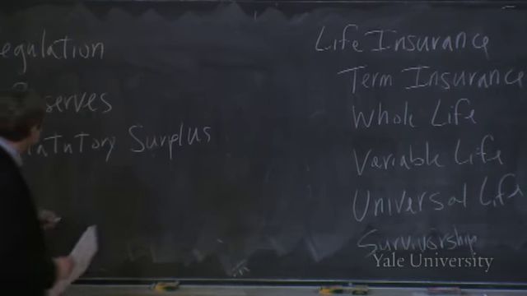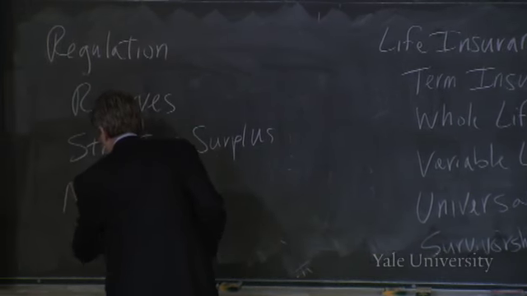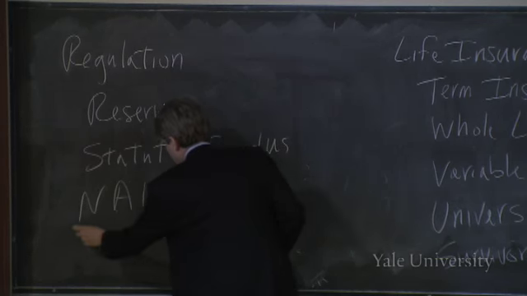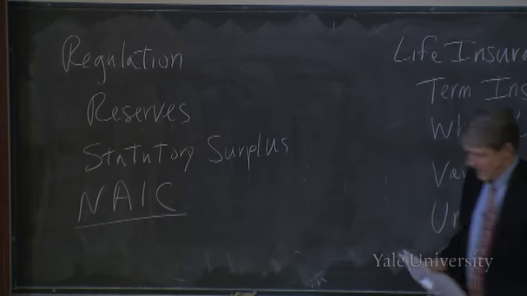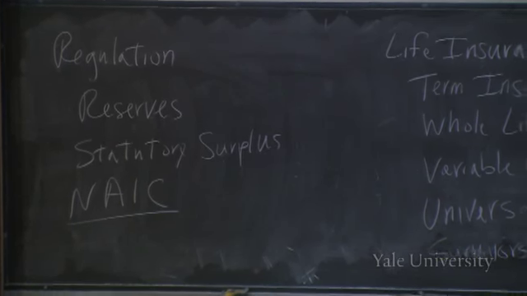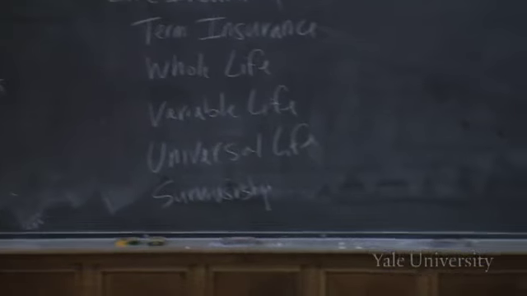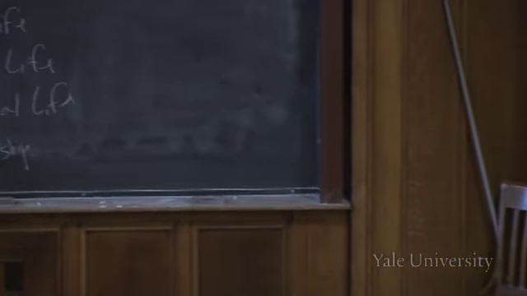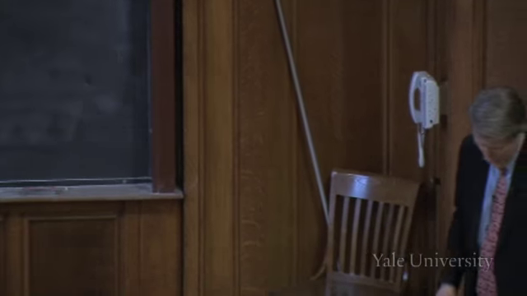Also about regulation, I wanted to mention the NAIC. It's a very important institution. That stands for National Association of Insurance Commissioners. And this is very important in the United States because, as I mentioned, insurance regulation is divided up over the 50 states. The problem that creates is that it's a nightmare for insurance companies because every different state has different laws.